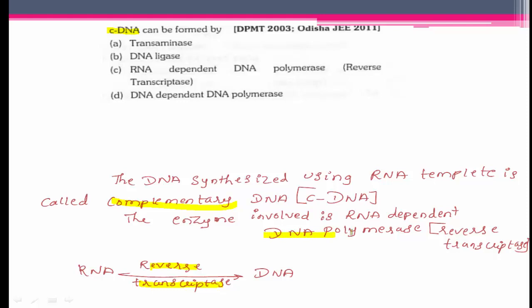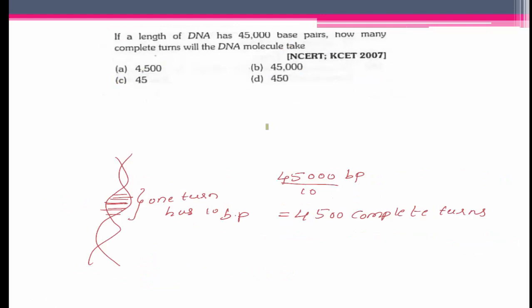It is the RNA dependent DNA polymerase, opposite to the transcriptase enzyme, which is DNA dependent RNA polymerase, but here the process is reverse transcription, and the right option for this is option C, RNA dependent DNA polymerase, which is called reverse transcriptase. Next question.